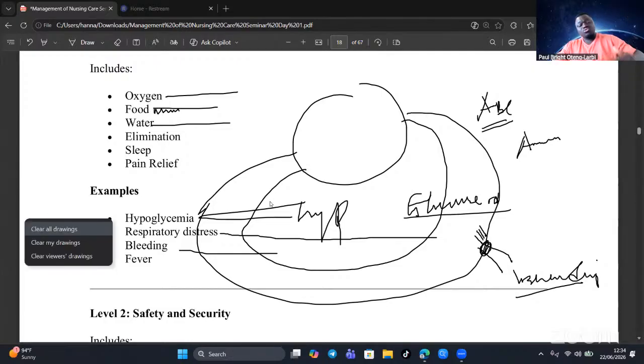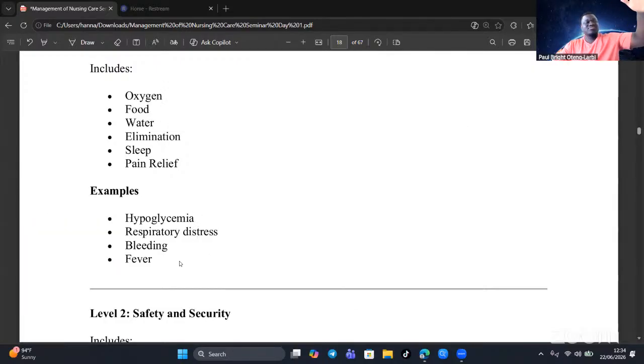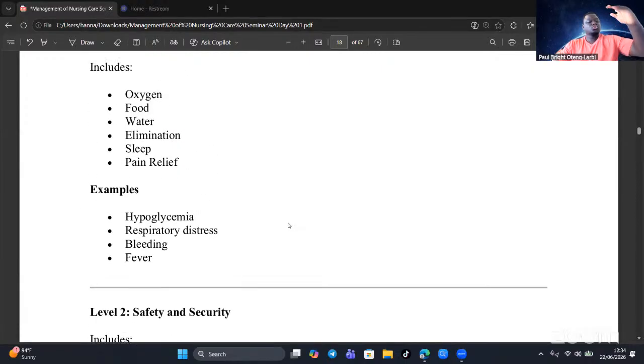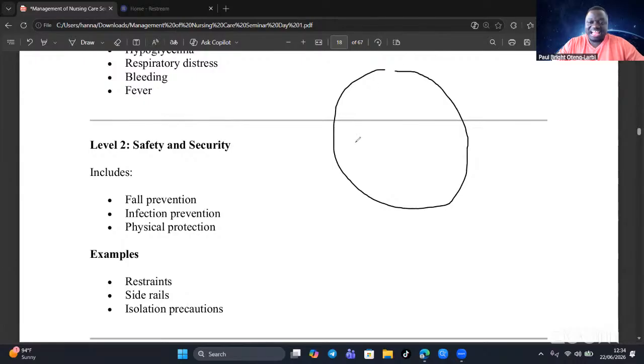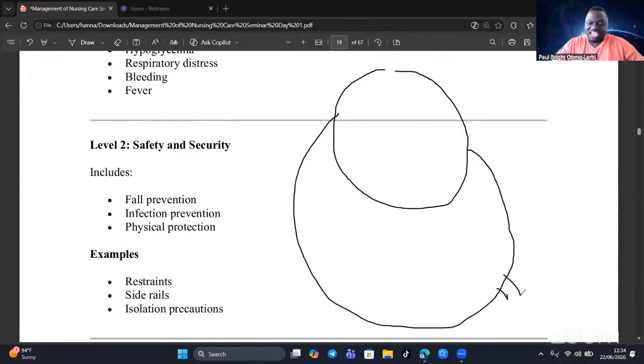When they give you basic needs, physiological needs under Maslow, you treat them over safety. Safety. A patient is bleeding. This is the heart, the cardiovascular system. There is a puncture here, and you are bleeding into the abdomen.